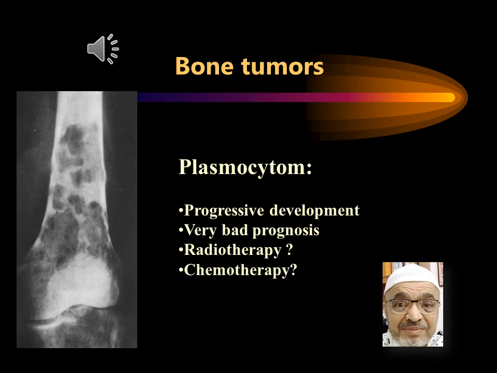Another type of malignant bone tumor which is very bad is the plasmacytoma arising from the bone marrow cells with progressive development, very bad prognosis. Usually we use radiotherapy and chemotherapy, but with bad prognosis.